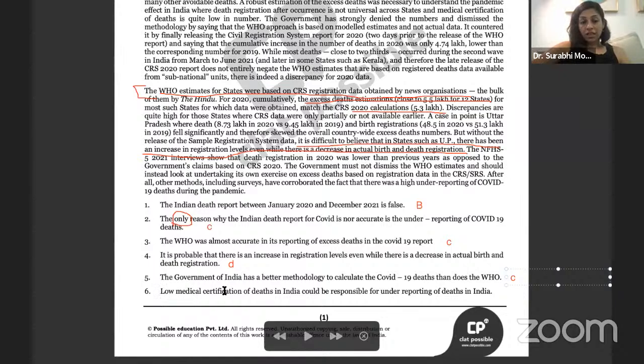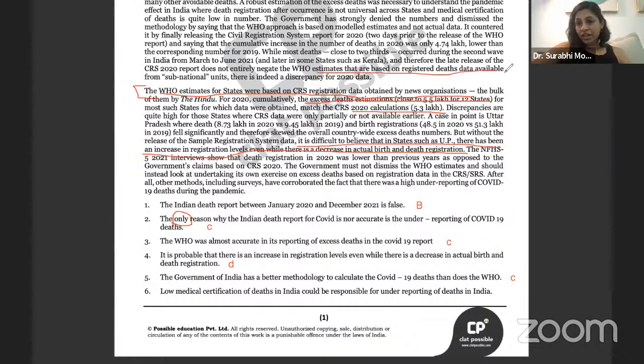Low medical certification of deaths in India could be responsible for underreporting of deaths. This has been cited as a reason. If you check the end of the first paragraph, because registered deaths are available from subnational units, there is a discrepancy for 2020 data, right?